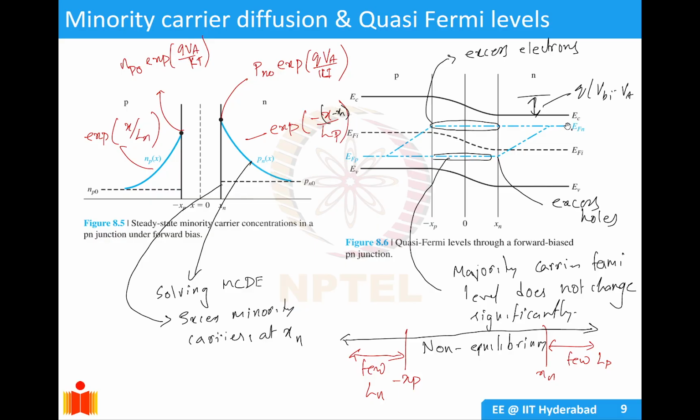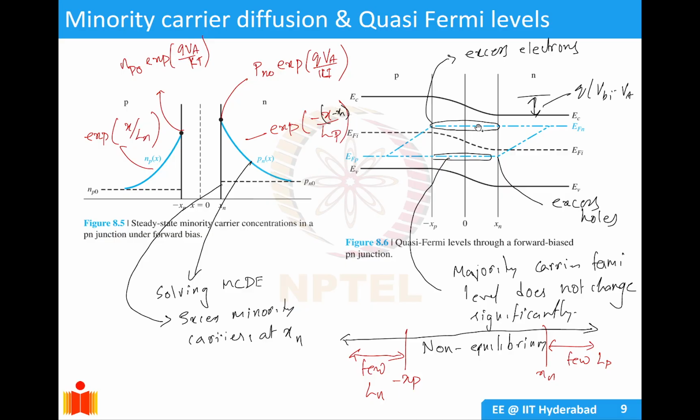So for EFN, we are plotting n-type carriers. Here our n-type carriers are equal to our majority carriers, so they are constant.